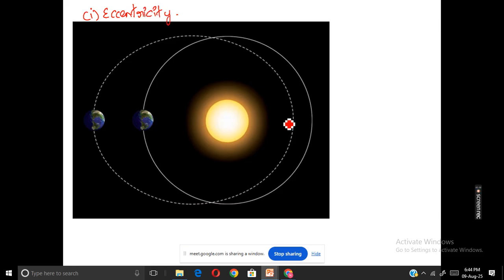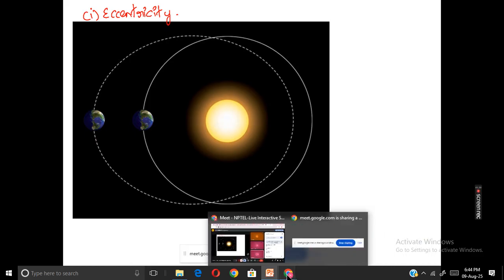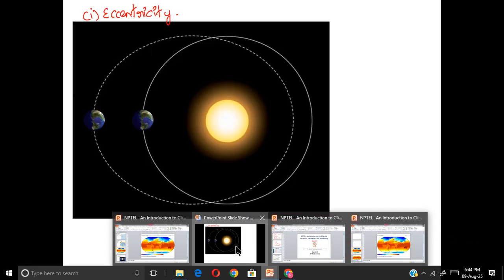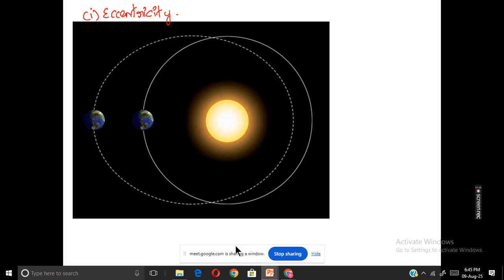What is the shape of the Earth's orbit around the Sun? Earth is revolving in an elliptical orbit around the Sun. The shape of the orbit changes from circle to ellipse.